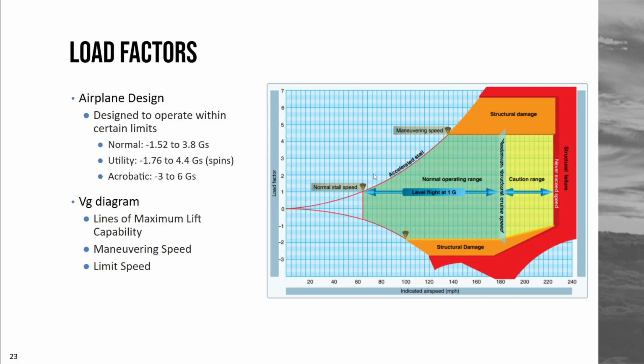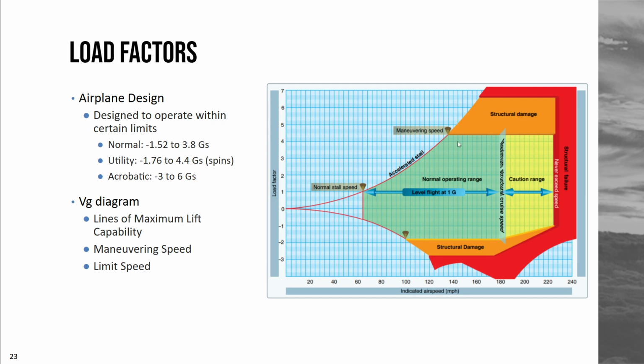Our line of maximum lift capability is this top line here. Say I exceed my limit of maximum lift capability right here, maybe at a speed right here, the aircraft will just stall and everything will be okay. Beyond my maneuvering speed, if I, for whatever reason, hit a gust of wind that deflects the aircraft up super aggressively and we instantly pull 5 Gs, we're going to run into structural damage.